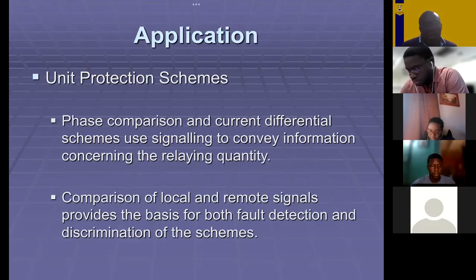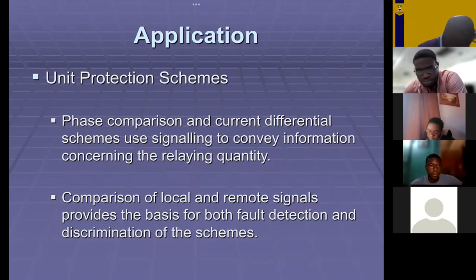So if we were using the unit scheme for the feeder, we have to be able to send the information from one end of the relaying point to the next, so from one substation to the next, to provide the relaying quantity so that the decision can be made by the relay.